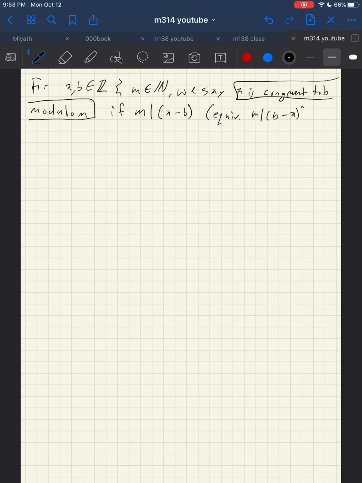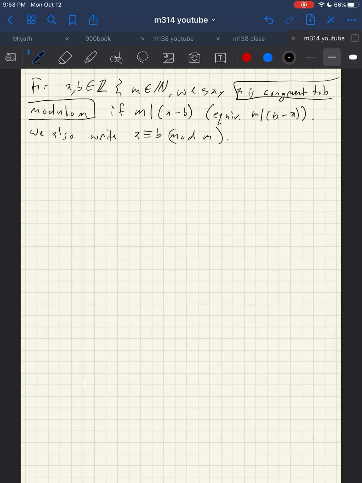So of course, if m divides a minus b, that means there's some integer k such that a minus b equals km. Well then, of course, m would divide b minus a with the integer minus k, right? So they're the same condition, just two ways of writing it. We also write a is congruent to b mod m, like this.